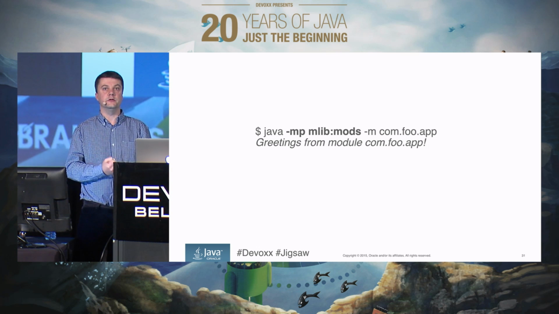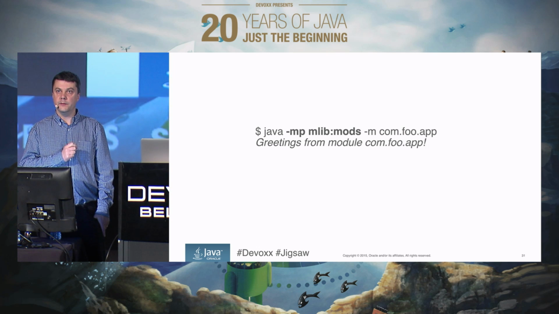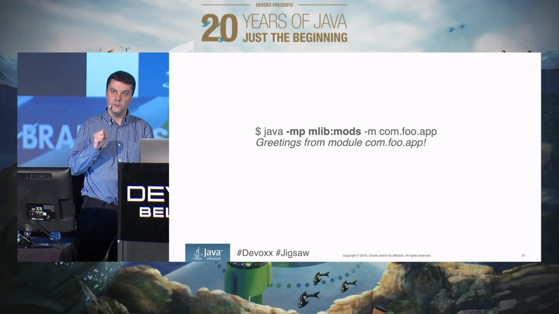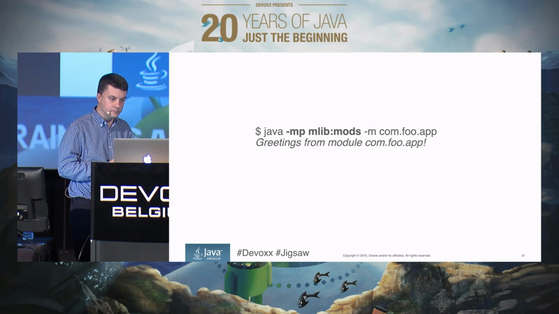The module system is able to load that module and invoke its main class, which is good. The module path in this example has two directories. The packaged modules are in mlib, and I have left some of the dependencies as exploded modules in the mods directory, just for this example to show how a module path can have multiple directories.